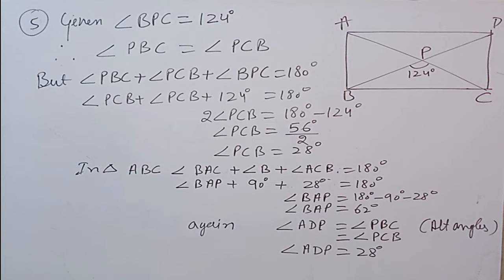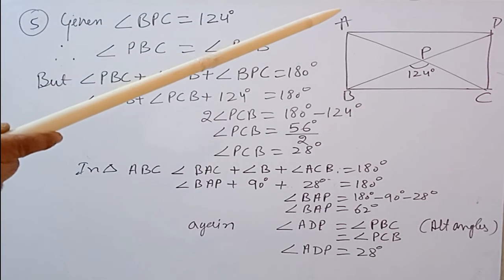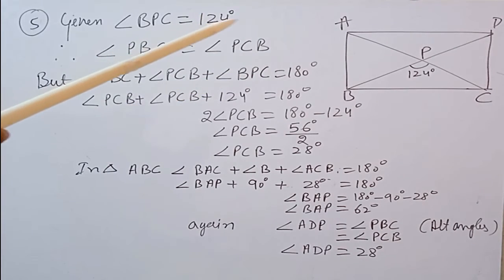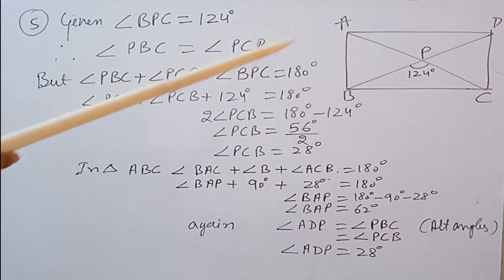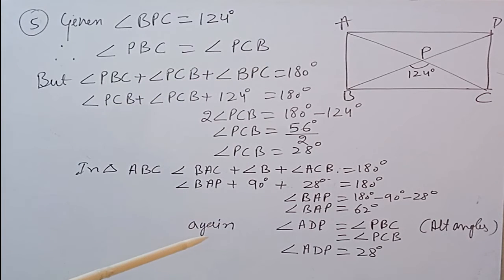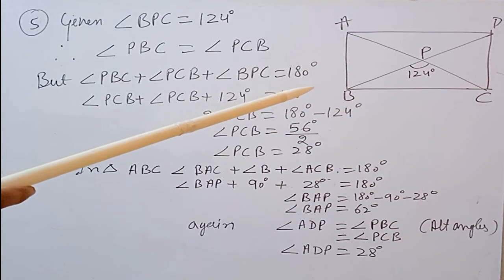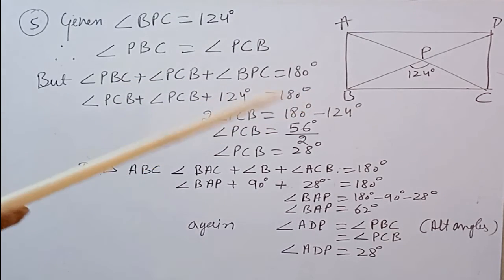Now again ADP, where is ADP? ADP we can consider as ADB, or we can write ADP, both are the same. So I am just writing ADP equal to PBC. PBC is where? Both are alternate angles, so they are equal.